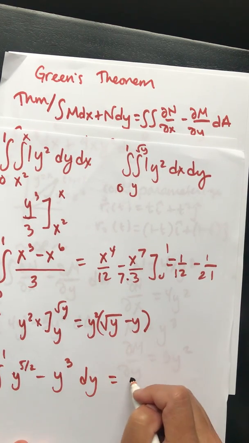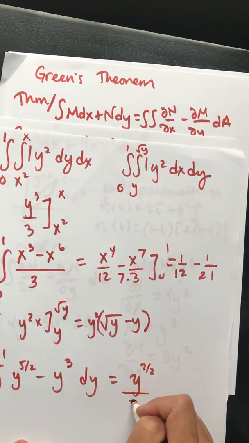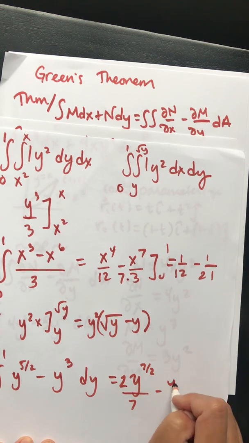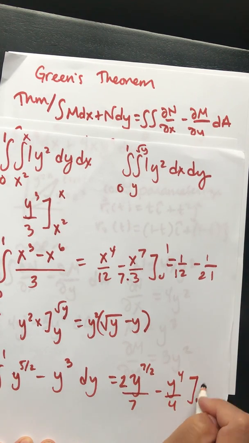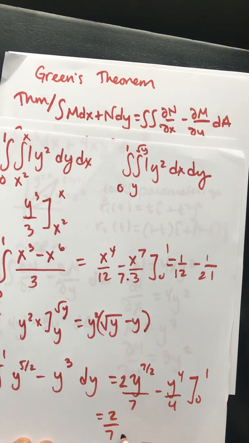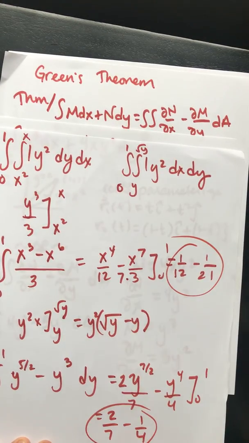This becomes y to the 7/2 over 7/2 minus y to the 4th over 4 evaluated from 0 to 1. So I get 2 over 7 minus 1 over 4. Are these the same thing? Absolutely. They both give you 1 over 28.